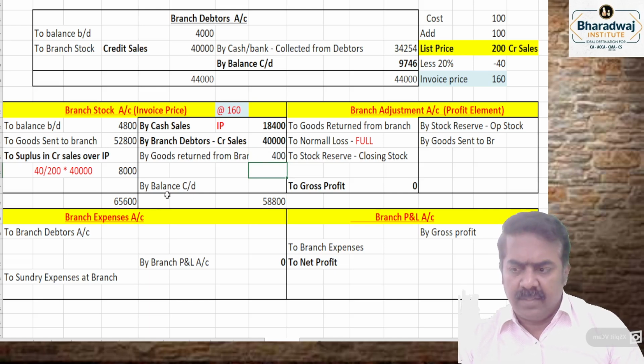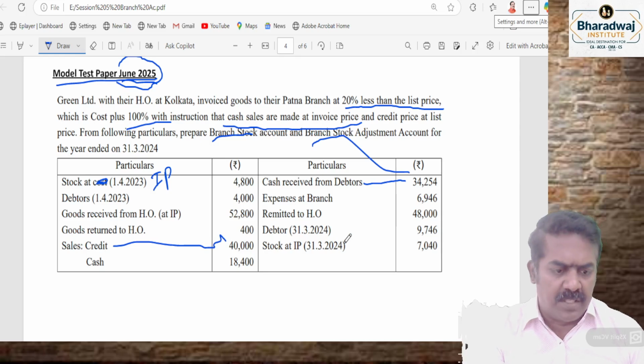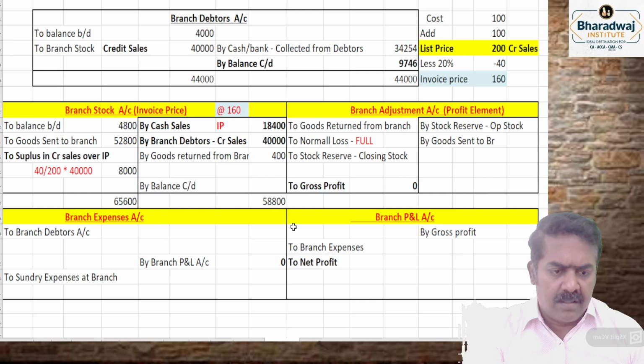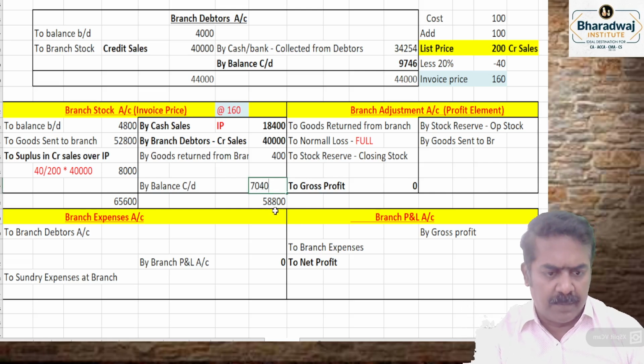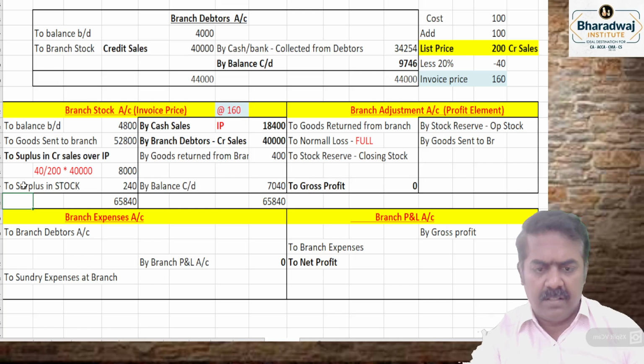Then closing stock is given to us. What is the closing stock given? 7040. Tally all. There is still balance. What is the balance? Now I think 240 is there. This is surplus in stock. It's a balancing figure.